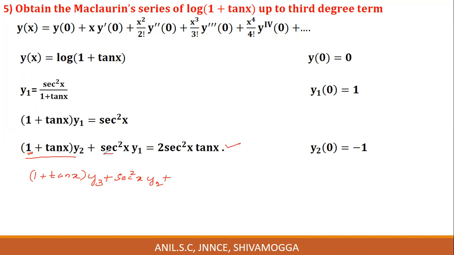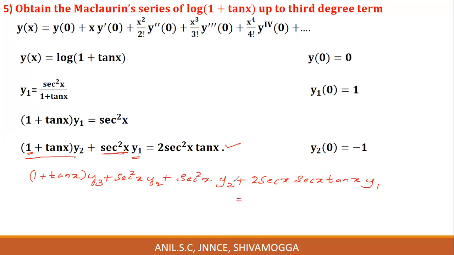Now differentiate this term. Secant square x is the first function and y1 is the second function. Secant square x, the first function, into the derivative of y1, which is y2, plus the derivative of secant square x, which is 2 secant x into the derivative of secant x, which is secant x into tan x, into y1 as it is.